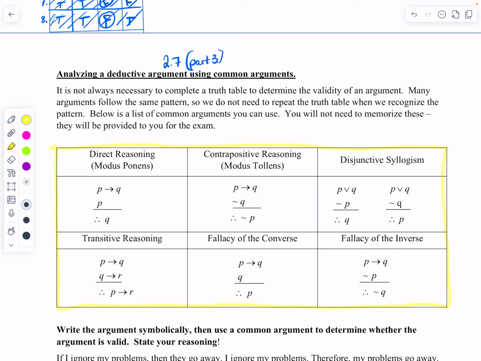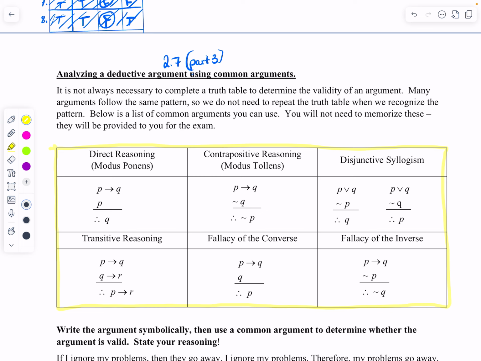Direct reasoning. If P then Q, which is a conditional, is premise 1. Premise 2 is P, and the conclusion is Q. Contrapositive reasoning. If P then Q, which is a conditional, is premise 1, premise 2 is negation Q, and the conclusion is negation P. Disjunctive syllogism.